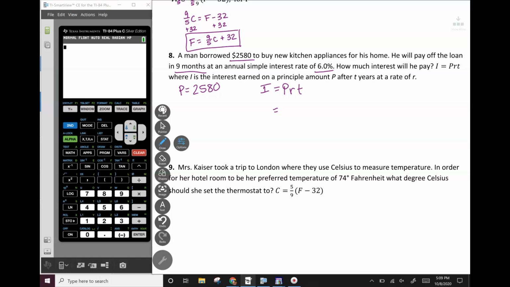We're looking for how much interest will be paid. I's interest. T, years. So we need to figure out how much time passes in years. It says 9 months. So that will be 9 out of 12 months, just changing that to years. So 9/12 of a year, which is 3/4 of a year, or you can put 0.75.